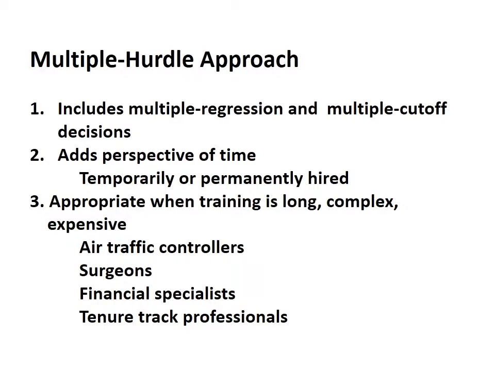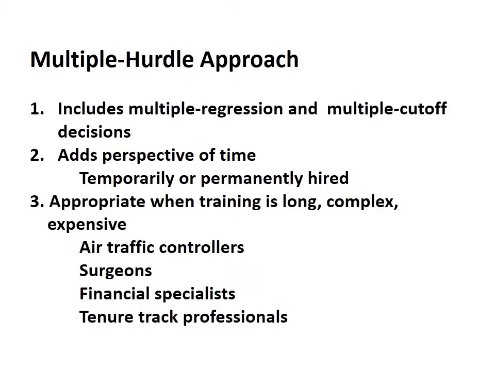So basically, we want to set up a selection method to find out who is likely to succeed in the training process, but we also want to check to make sure the training process is resulting in someone that can do the job. So examples include air traffic controllers, surgeons, tenure-track professionals.